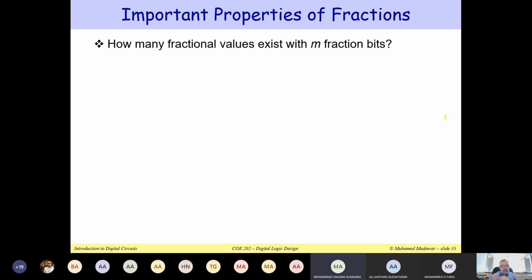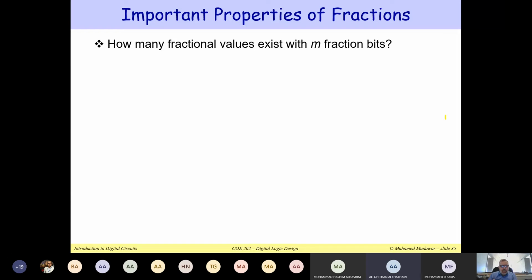How many values can you have with m bits? Each bit can be 2 values, right? So if you use m bits in the fraction, how many values can you have? 2 to the power m. Yes, but these actually are fractional values. Like in the case of integer, if you use m bits in the integer, you can have 2 to the power m integer values.